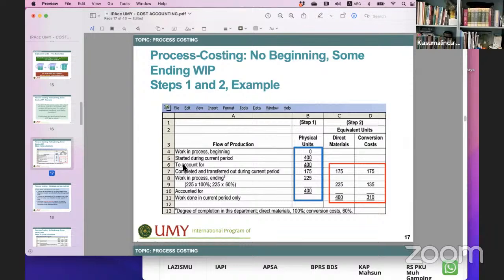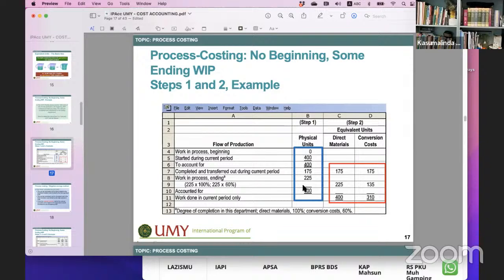Then at the end of the month they become completed, or still incomplete, where we put them as ending work in process. This is the result at the end of the month, so it is called accounted for. Accounted for is the result of what we have processed throughout the month. So this is the first step, where we analyze the physical units.